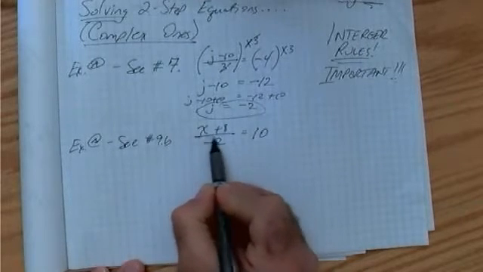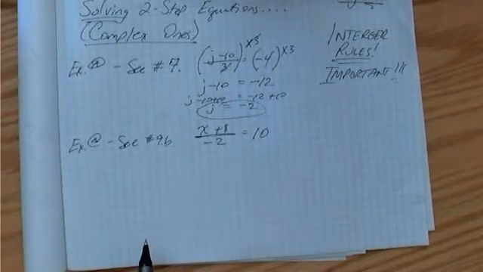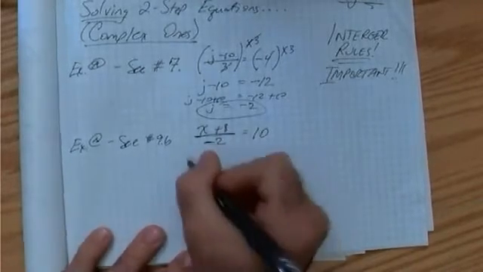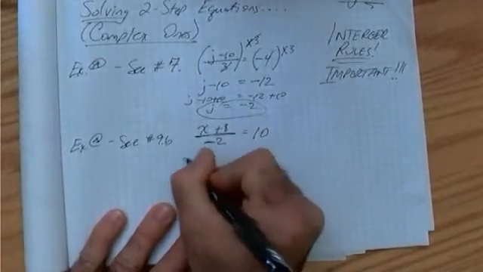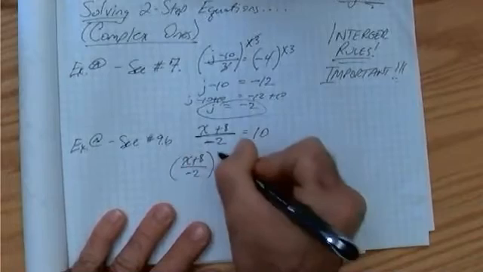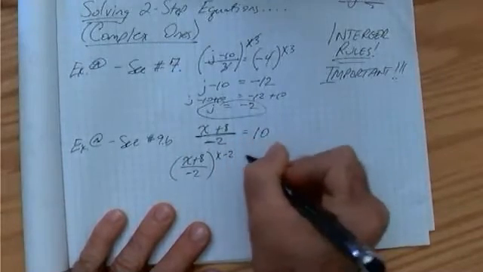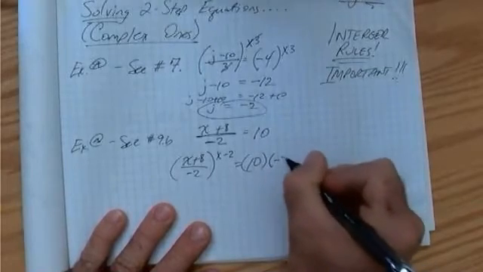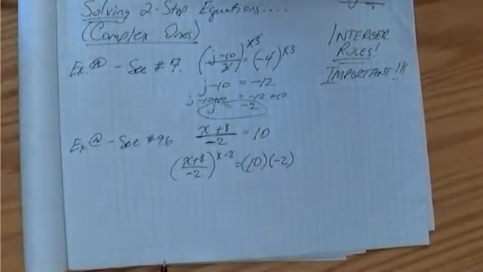So remember, this is like a divide by -2. So our first step is going to be to multiply by -2. Not just 2, but -2, because we want to eliminate that denominator. So x plus 8 divided by -2, we're going to multiply by -2, and we're also going to multiply the right-hand side by -2.